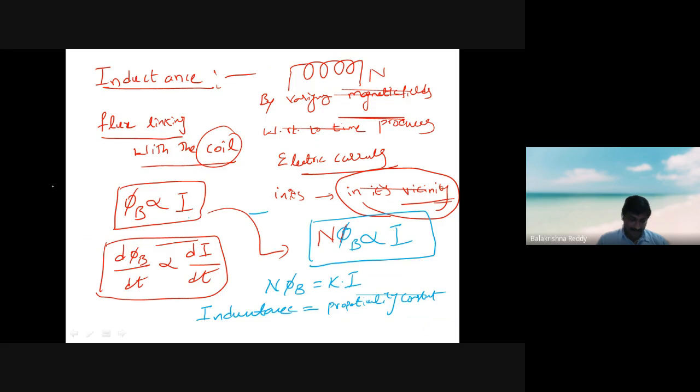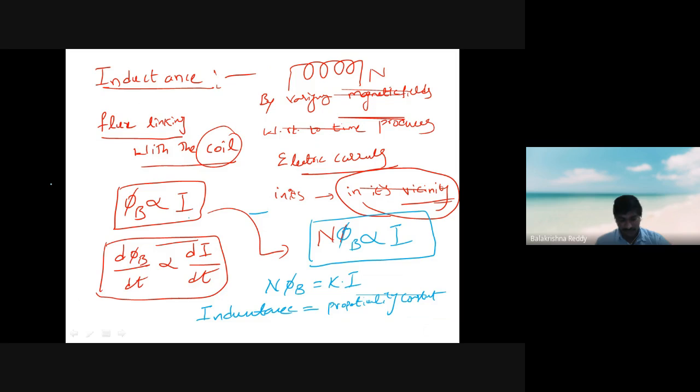Remember, this inductance depends on the number of turns of the coil, on the amount of flux linked with the coil, and also on the geometry of the coil.